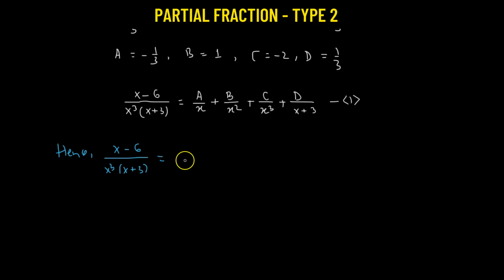So we have a over x, so that will be negative 1 over 3 times x. The second partial fraction will be 1 over x squared. The third one will be negative 2 over x cubed. And the final one will be 1 over 3 times x plus 3. So this is the required answer. We have successfully resolved the given rational fraction into its constituent partial fractions.